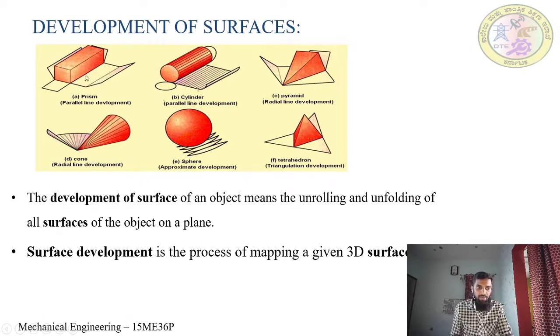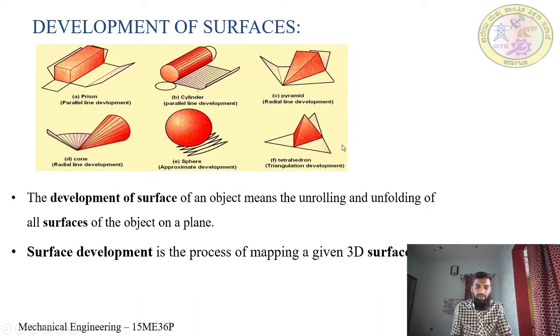If these faces are opened up, that is called the development of a prism. In the same way, if you see the second sketch here, this is a cylinder. If the cylindrical surface is unfolded or unrolled, it becomes the development of cylinder. Likewise, for any solid where the vertical faces or surfaces are unfolded, that becomes the development.